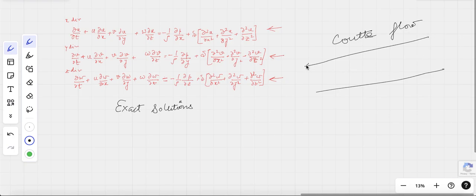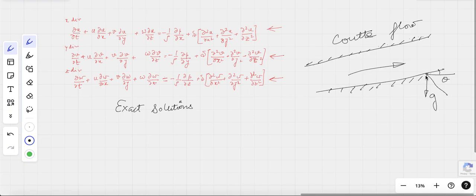These are two parallel plates. The most general version would be an inclined plane, right? Let this inclination be theta. This would be g.